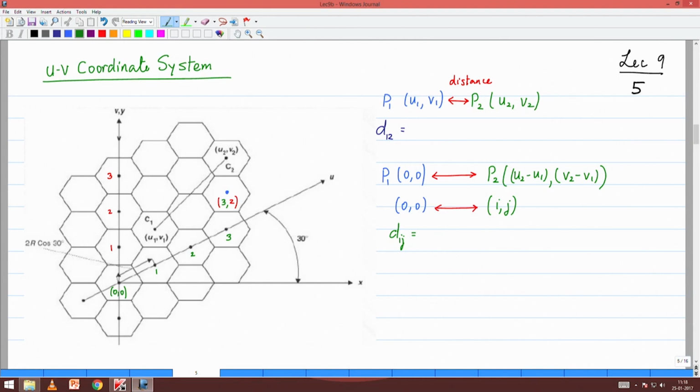I don't want that, I would like to be able to work through the centers of the hexagons, which means that I cannot use the x-axis, I would have to rotate my axis, and that would be the u axis. The two axes that we have, u and v, are at an angle of 60 degrees, not orthogonal, not 90 degrees as you would have in an xy coordinate system.